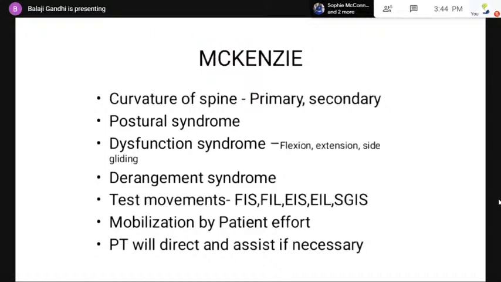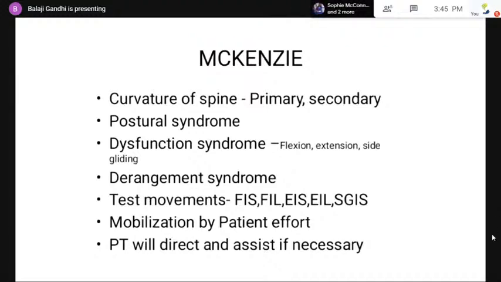The patient leans forward continuously, so when trying to move backward, extension is not possible. In side gliding dysfunction, the patient cannot do the sideways gliding movements of the vertebra. Dysfunction syndrome is because of adaptive shortening of the soft tissues around the joint.